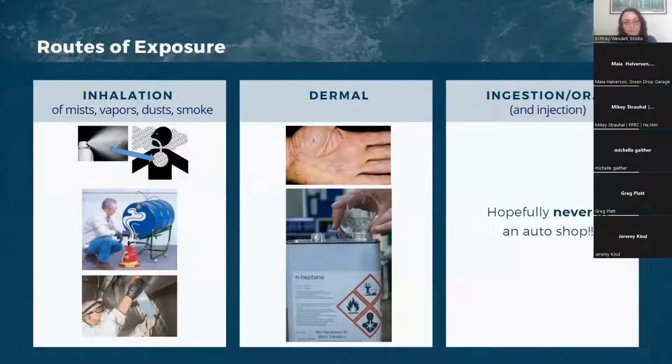So we are exposed to different chemicals in different ways. Some chemicals are going to have higher impacts if you breathe them in versus getting them on your skin versus ingesting them, which hopefully is not happening. Note in the inhalation column here that aerosols are likely going to be the highest impact for inhalation because the fine mist can penetrate deeper into the lungs than vapors, when you open up a container or you're transferring liquids.